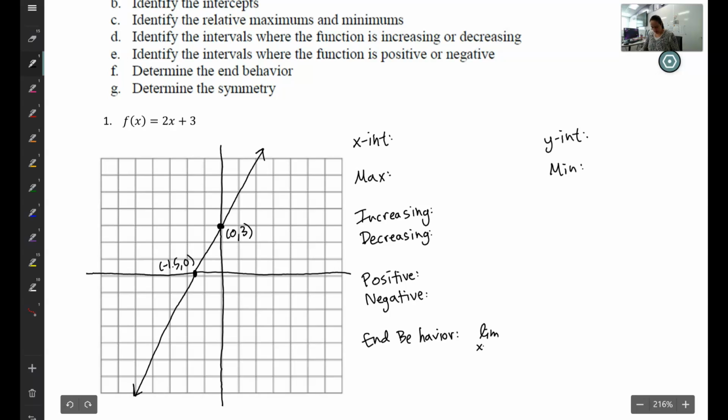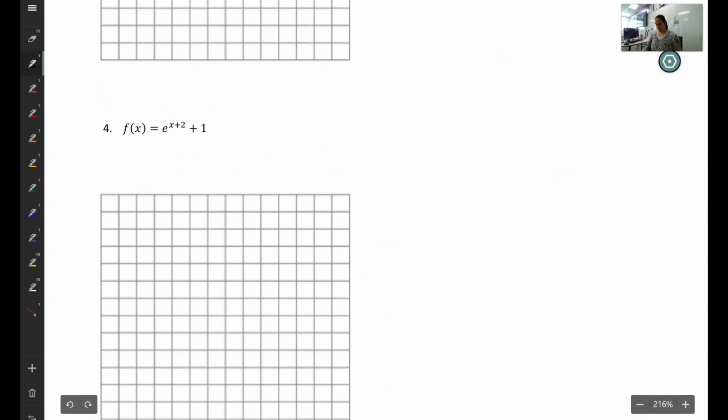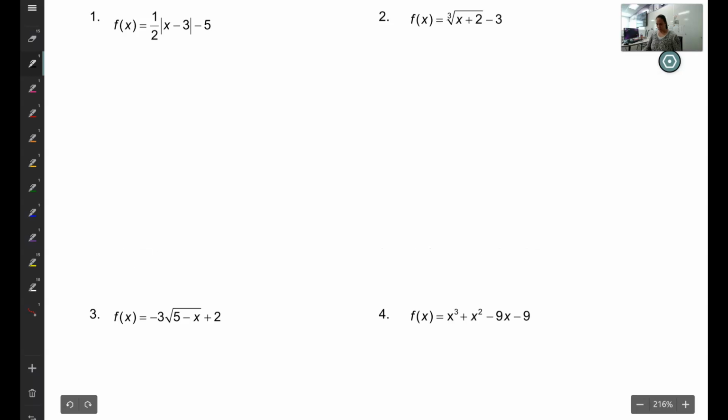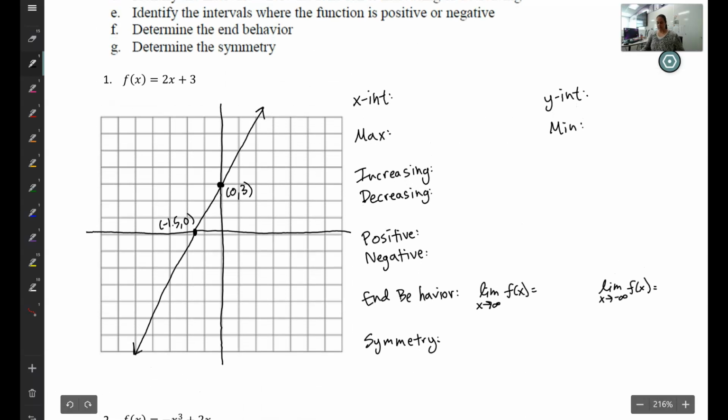So we have limit as x goes to infinity of f of x and limit as x goes to negative infinity of f of x. And then symmetry. That's everything we want to know. So that's the template you can copy down for 2, for 3, for 4, and for 1 through 4 on your assignment. Those same things. Let's start filling them out.